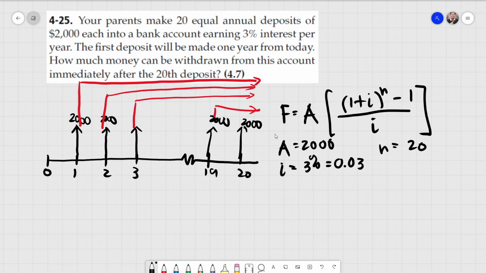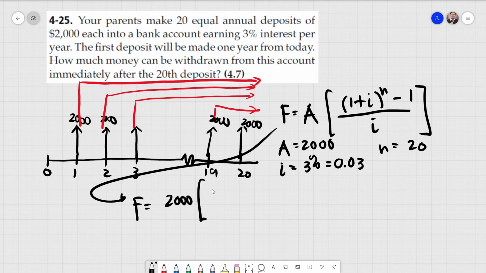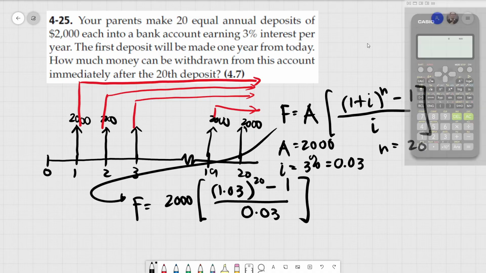So, we then have F is equal to 2,000 multiplied by 1 plus I. So, that is 1.03. Raised to n, so raised to 20. Minus 1 all over 0.03. And then we plug this in our calculator.